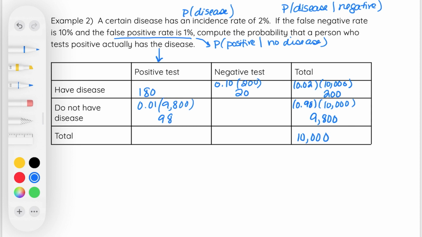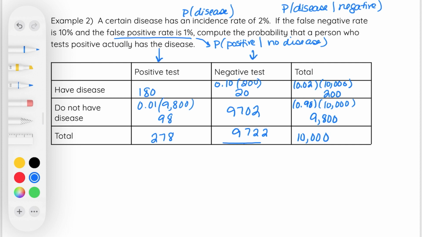So 98. Now we can find the totals by taking 180 plus 98 to get 278. I can find this column here by taking 10,000 minus 278, and I get 9,722. And then of course I know the negative column they have to add together, so this must be 9,702.